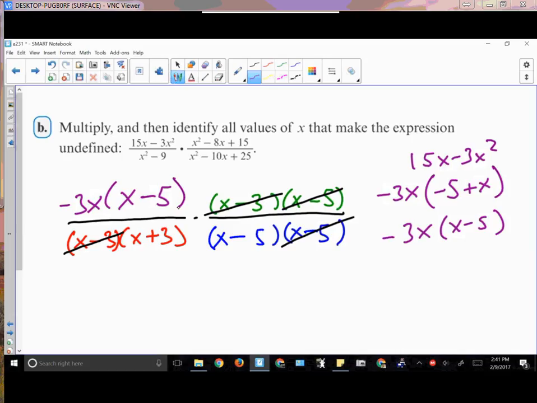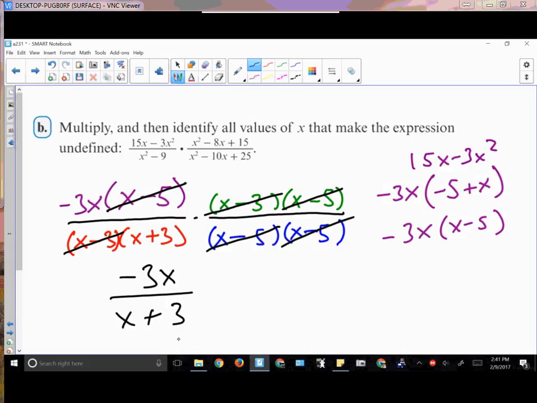Now, can I cancel again? I can cancel one more time. I can get rid of this x minus 5 with this x minus 5 here. So what's left? The only thing left is negative 3x over x plus 3. Nothing can be canceled here because this is multiplication here. This is addition.